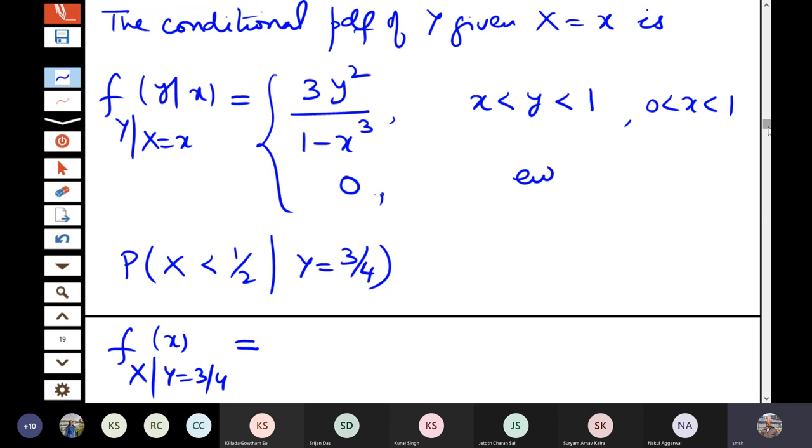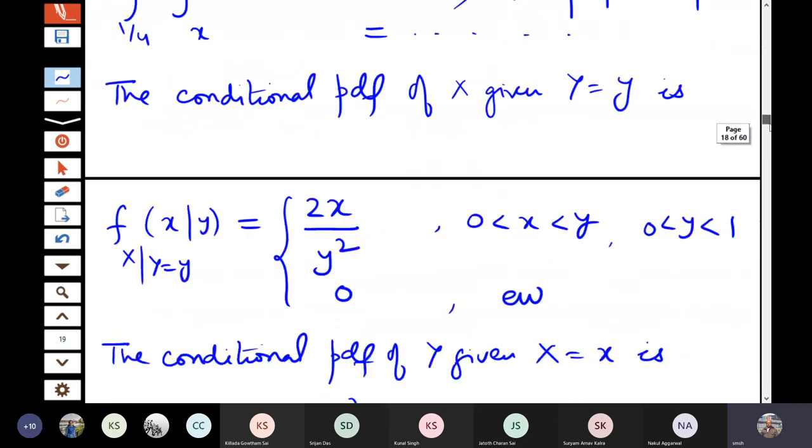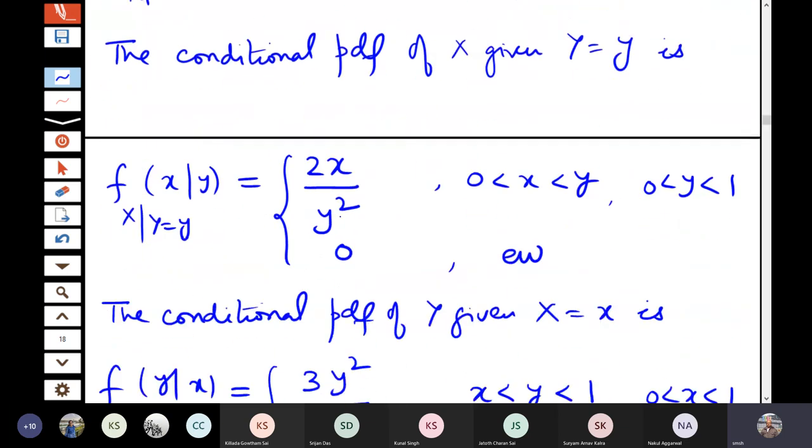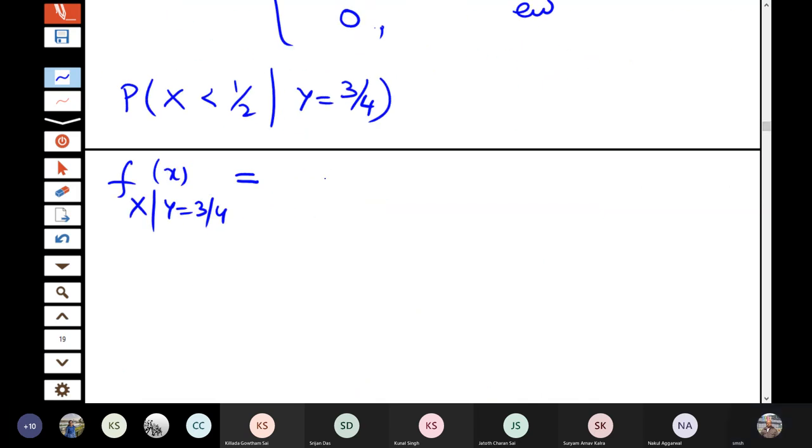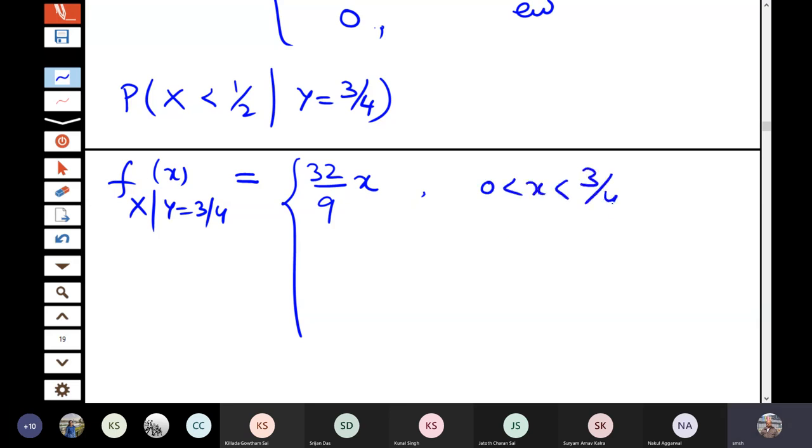So I have written the general expression of x given y is equal to y. Here you put y is equal to 3/4. So that will become 9/16. So that is becoming 32/9. So this distribution then becomes 32 by 9x for x lying between 0 to 3 by 4.